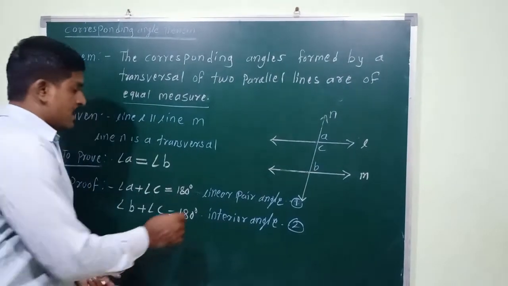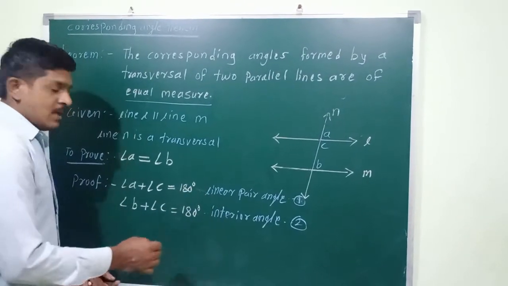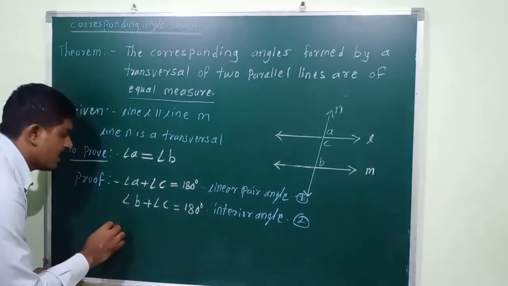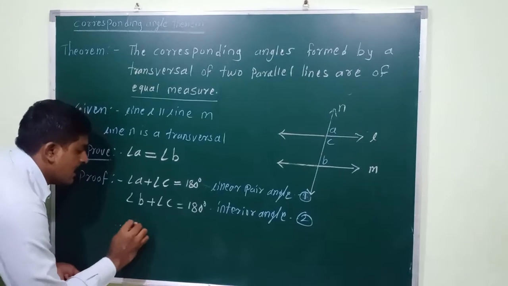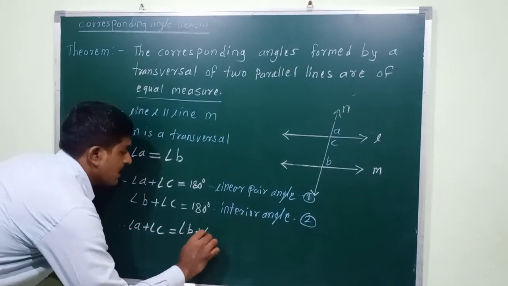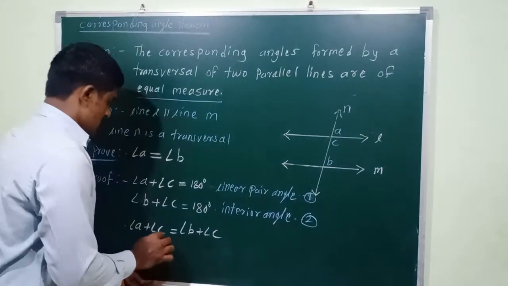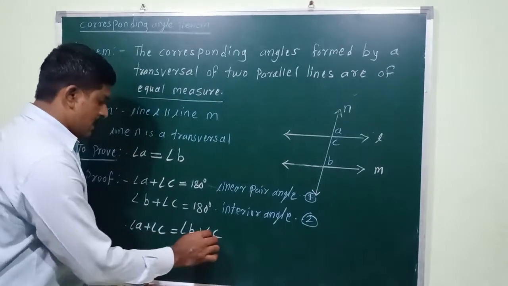Look at these two statements. The right hand side is the same, 180. Hence we write angle A plus angle C is equal to angle B plus angle C. In this, angle C is common on the left hand side and right hand side.